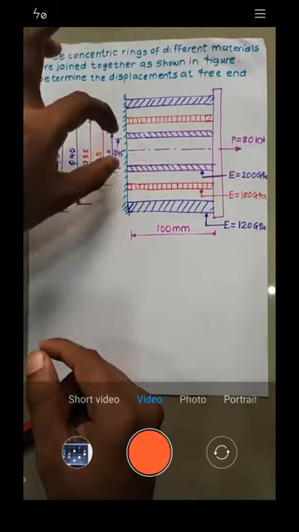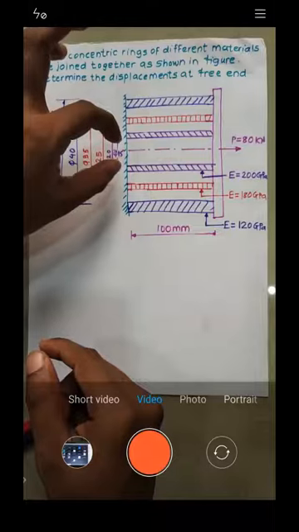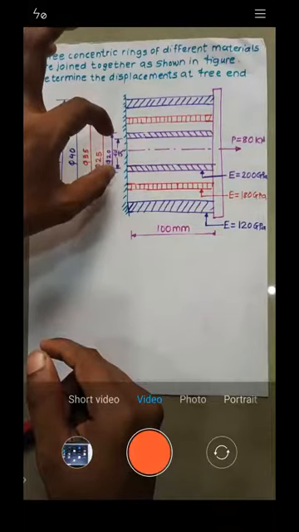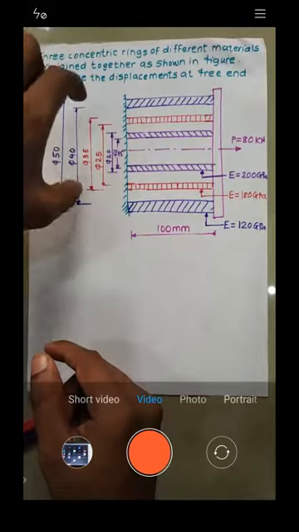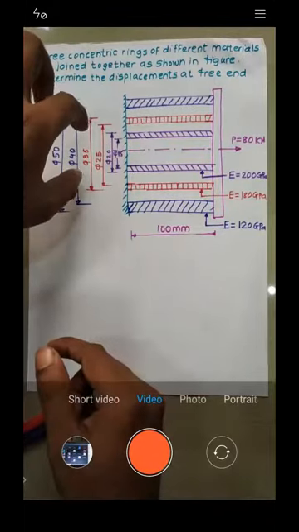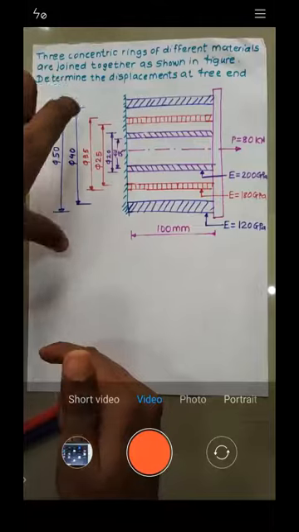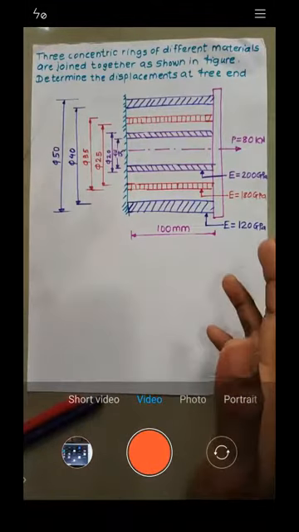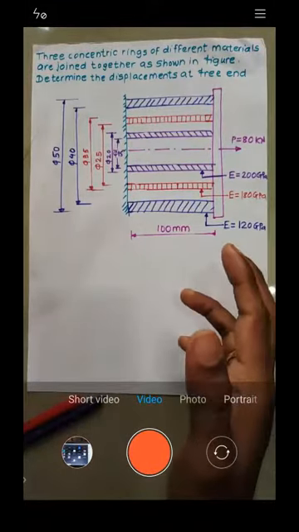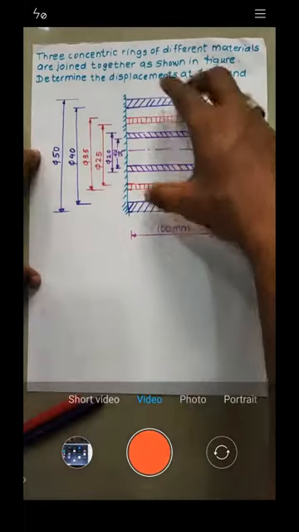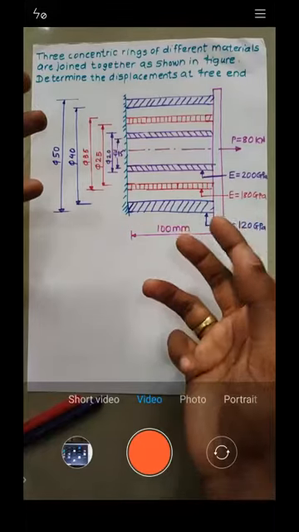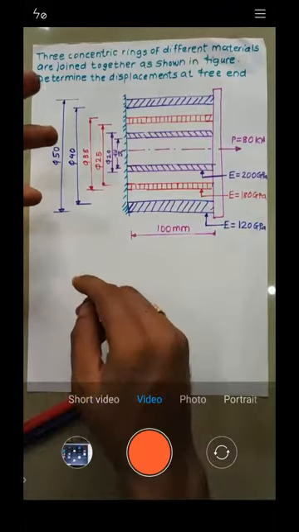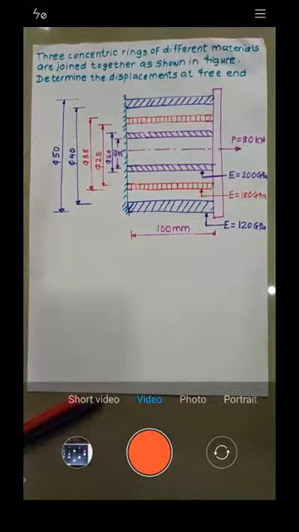For the first one, inner is 15, outer is 20. For the second, inner is 25, outer is 35. For the outermost ring, inner is 40 and outer is 50. So based on change in cross section, 3 rings have 3 different cross sections, and we will get 3 elements. Is that okay to all of you?